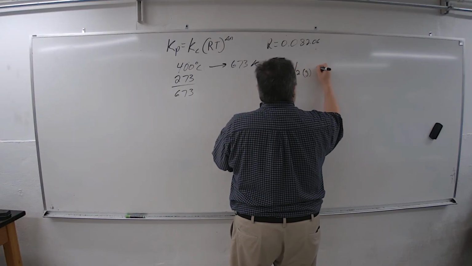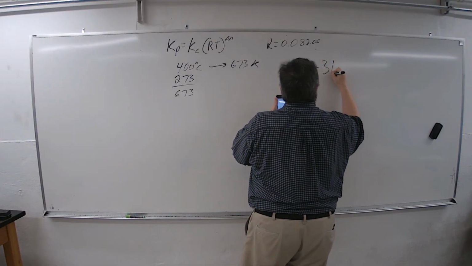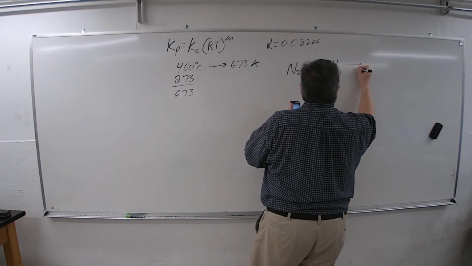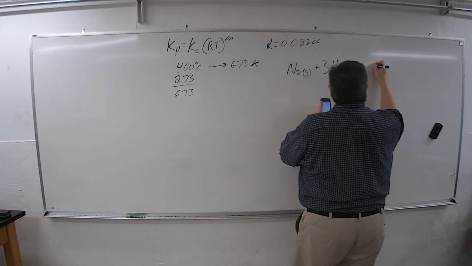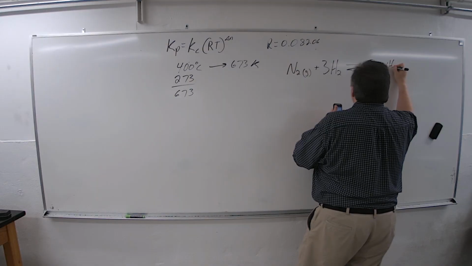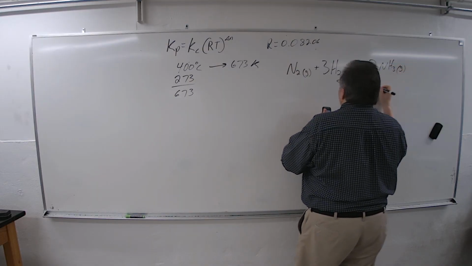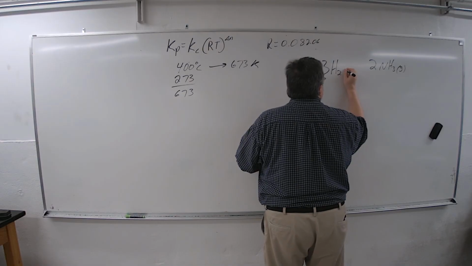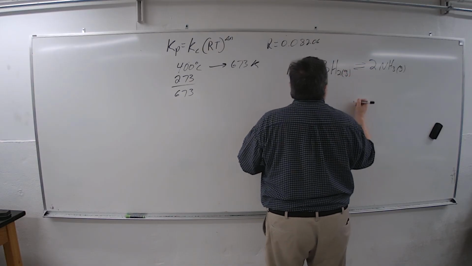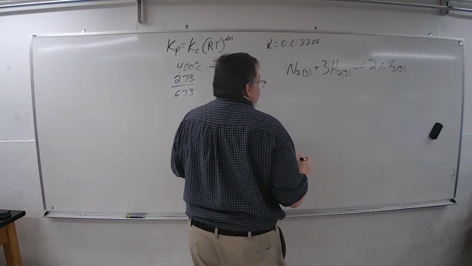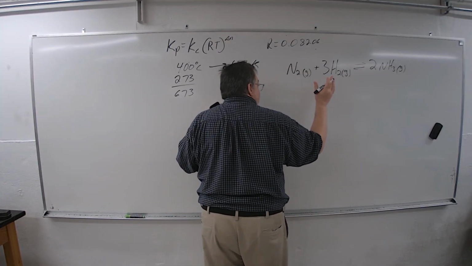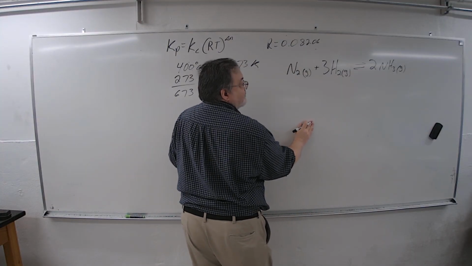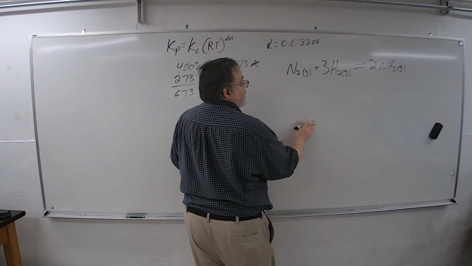And then n, remember what n is? Here's the reaction. N2 gas plus 3 H2 equals 2 NH3. That's a gas, that's a gas, and this is a gas. So you have to ask yourself this, how many moles of gas are on this side? 4.